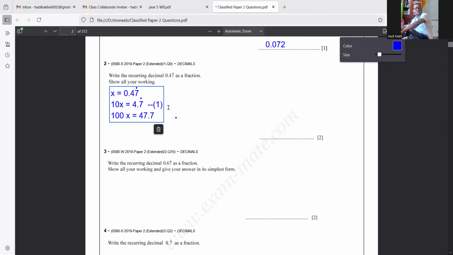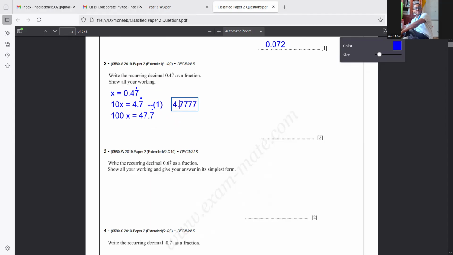Put in your mind, because some people mix this up: when you multiply by 10, the number was 4.77777 going forever.